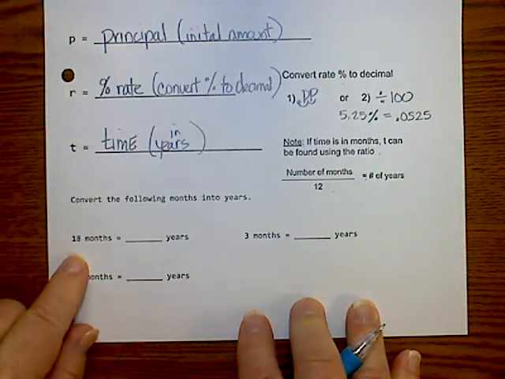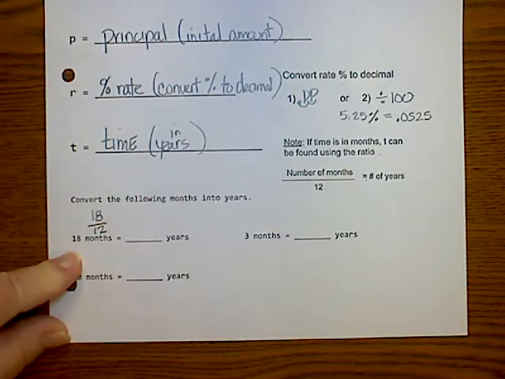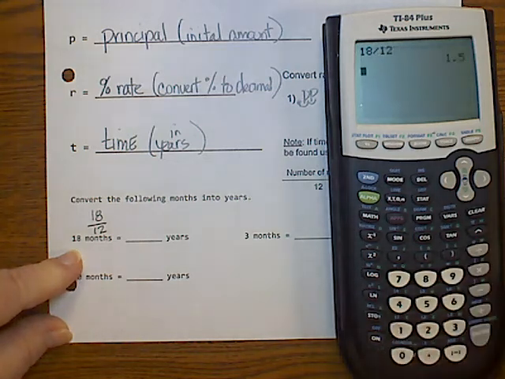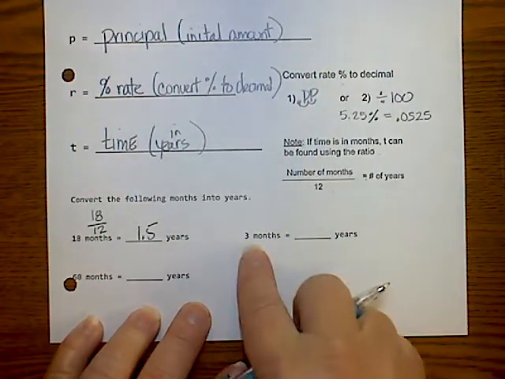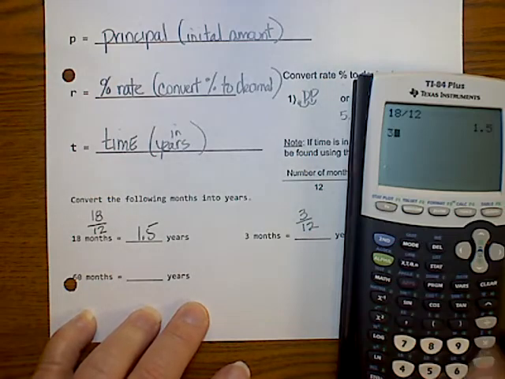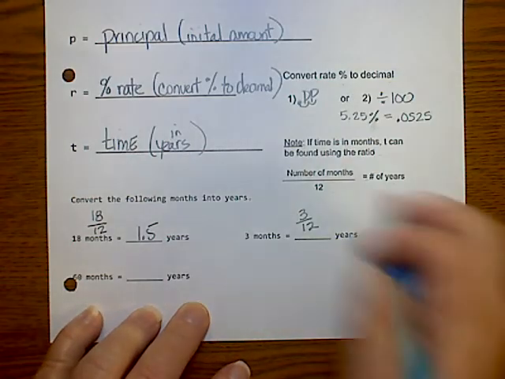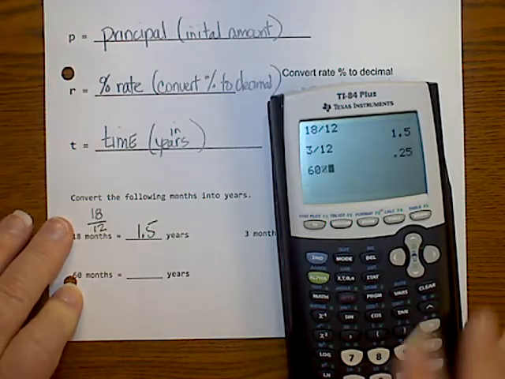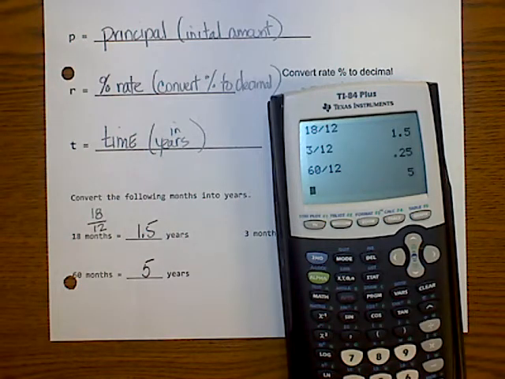So if I take 18 months, all I have to do is take 18, divide it by 12 in my calculator, and I get 1.5 years. Here we've got 3 months, so 3 divided by 12 in my calculator is 0.25 years. Okay, 60 months. Well, 60 divided by 12 is 5 years. So that is how you find it. It's pretty simple. Okay?